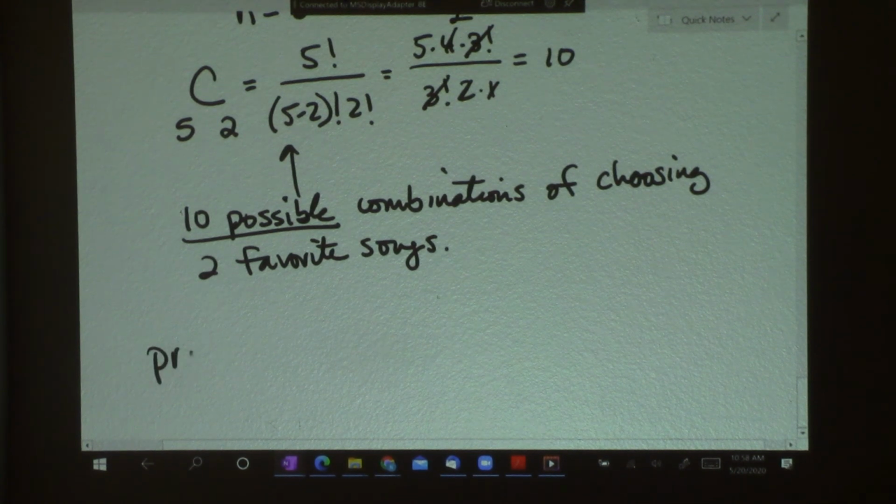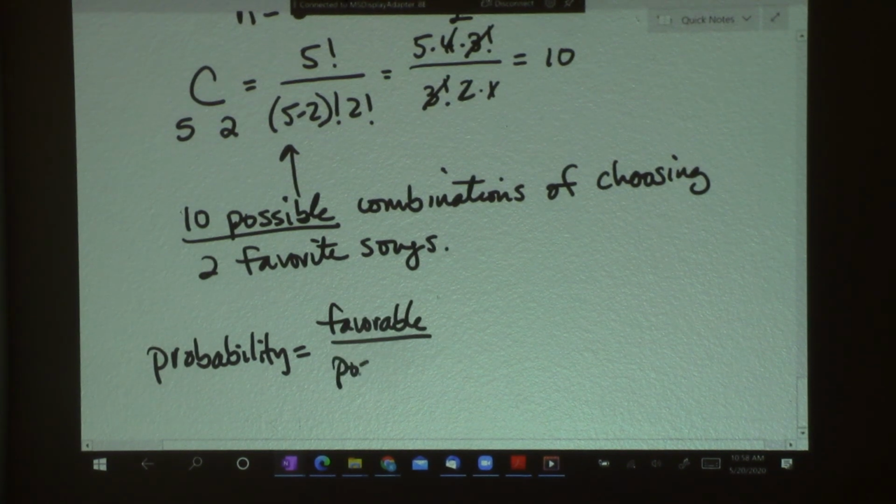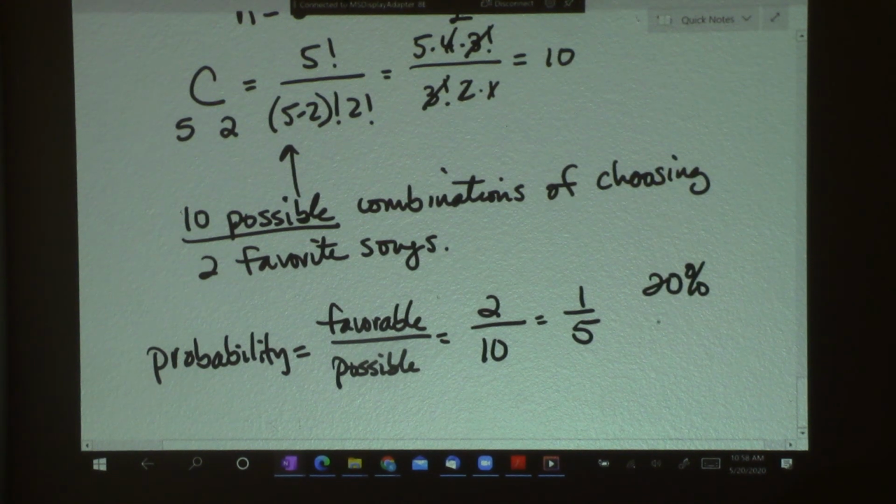Remember probability is favorable out of possible. So I want my 2 favorites. So favorable is 2 and possible is 10. So it works out to be 1/5. You have a 20% chance of getting the 2 songs.